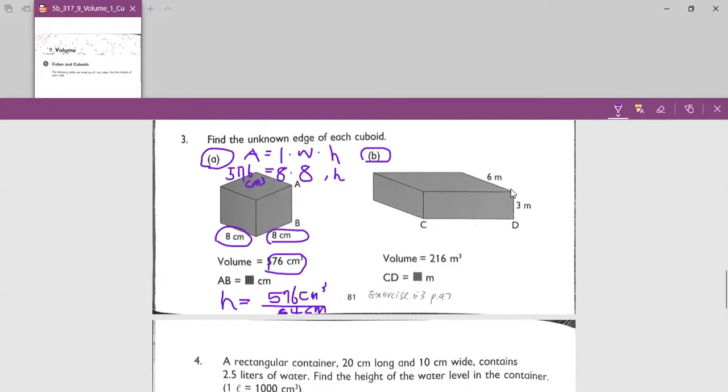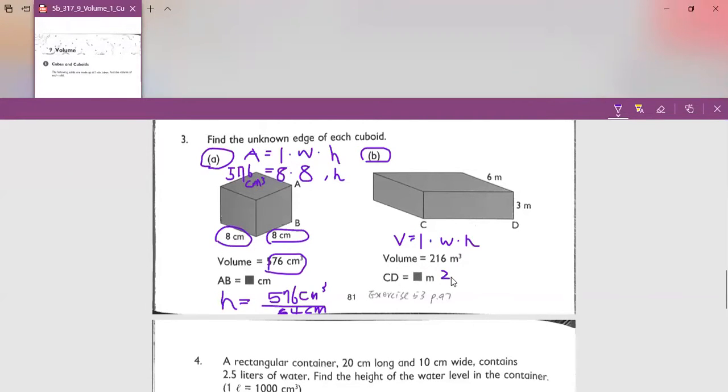So the volume equals the length times the width times the height, and it already tells us the volume. Alia, can you tell us what the volume is? The volume is 216 meters cubed.